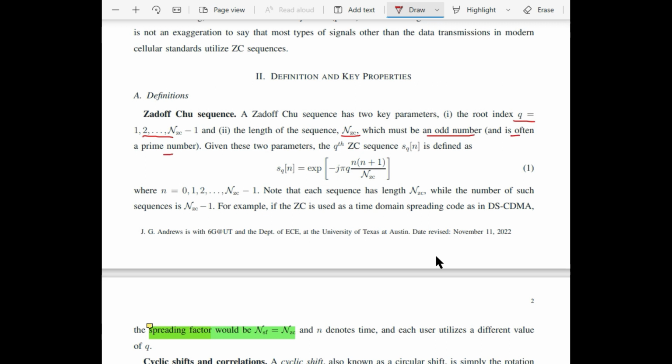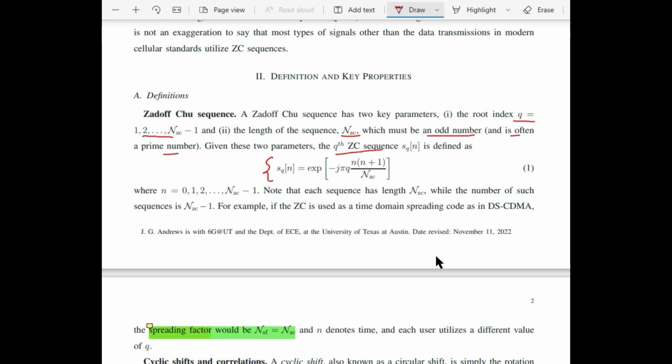It depends. Given two parameters, the ZC sequence is defined as S_q[n] = exp(-jπqn(n+1)/NZC). The question arises: if the length is an even number, how can you use the ZC sequence?